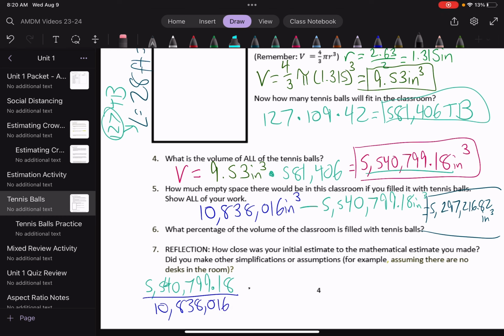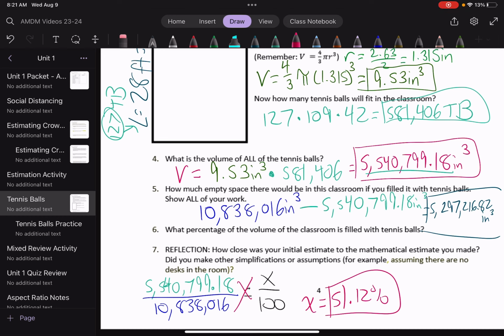I want to know what that value is out of 100%. So I'm going to cross multiply. I'm going to have 5,540,799.18 multiplied by 100, and I'm going to divide that by 10,838,016. And that's going to tell me that I have a percentage of 51.12%. So my tennis balls only take up 51.12% of the classroom.